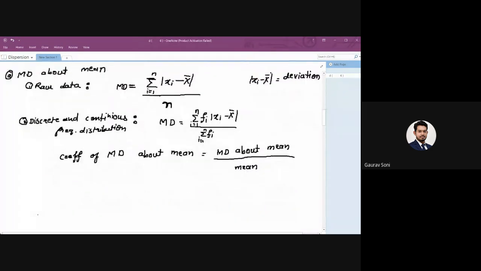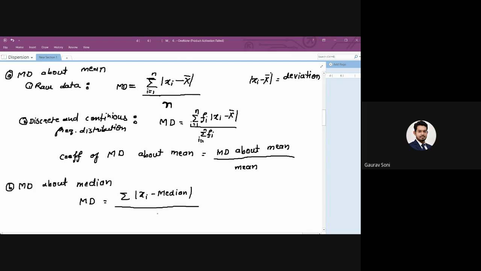The same thing I can calculate about mean deviation about the median. I can also calculate the mean deviation about the mode. I won't write down the formula for mode. For sure, I'll write down for median. So the mean deviation will be summation of mod xi minus the median upon n, i running from 1 to n.